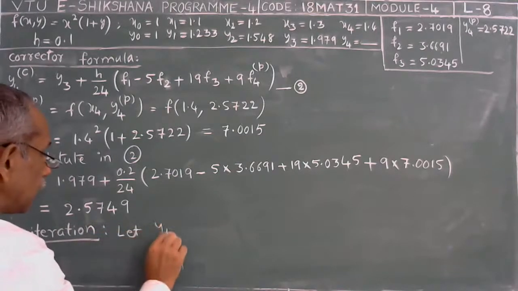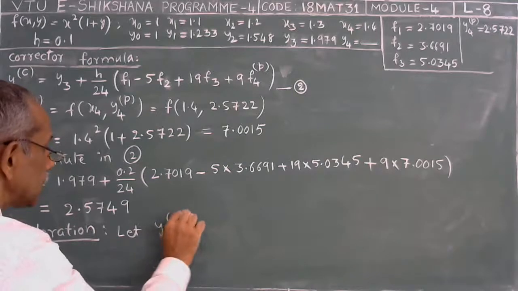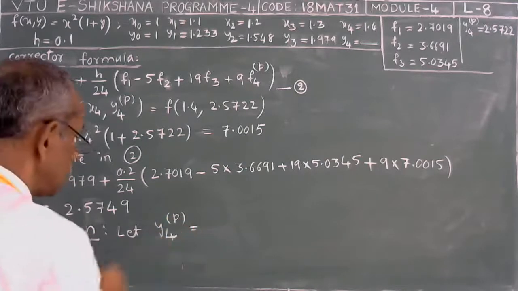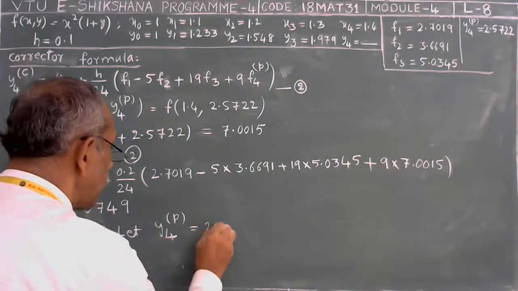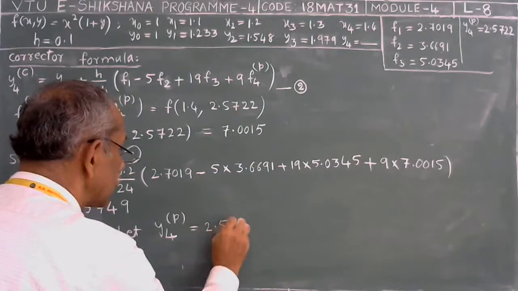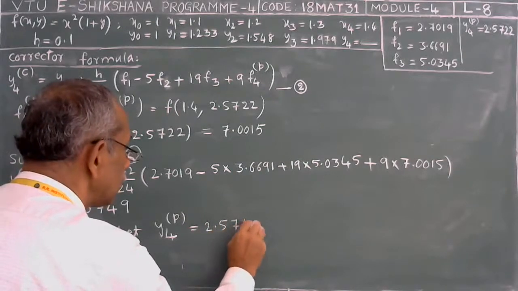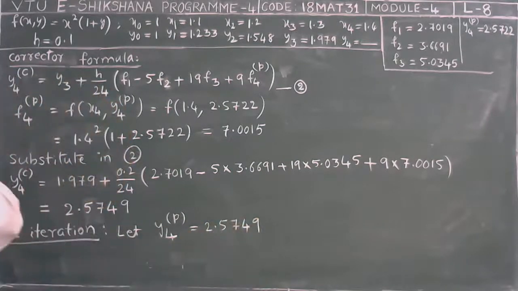First iteration. Let y4p be equal to 2.5749. Now calculate f4p for this y4p.